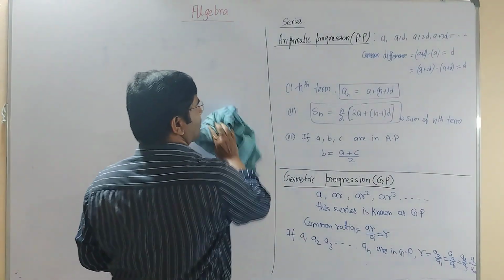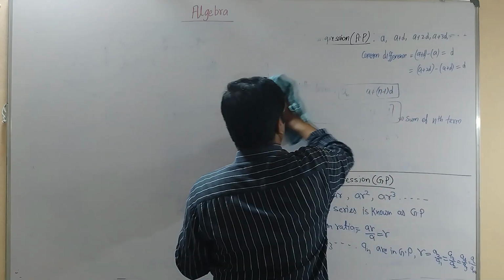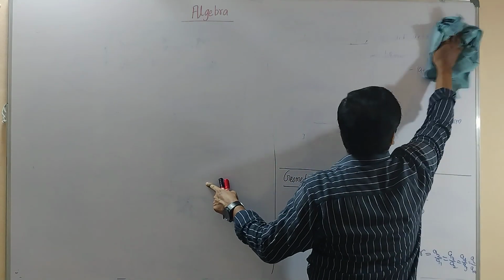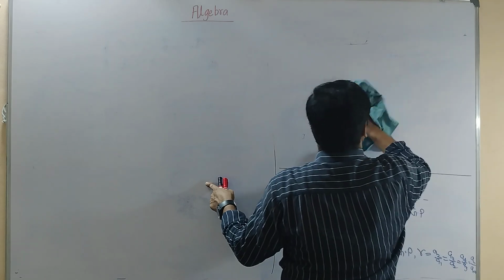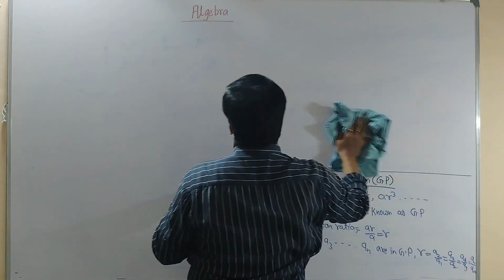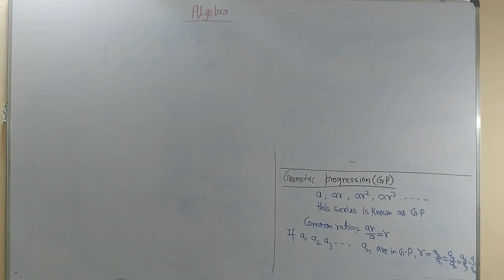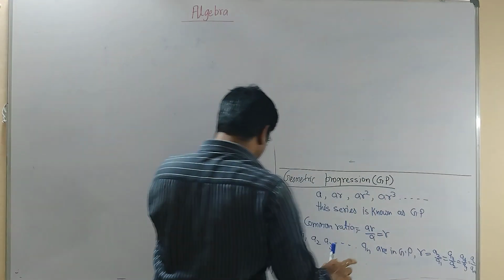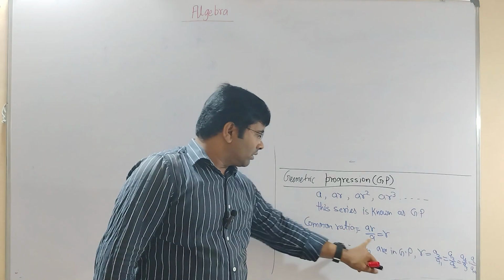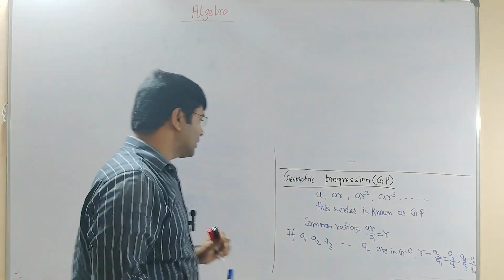Okay, this part is also over. So here this is the common ratio, defined as the next term upon the previous term ratio, that is R here.